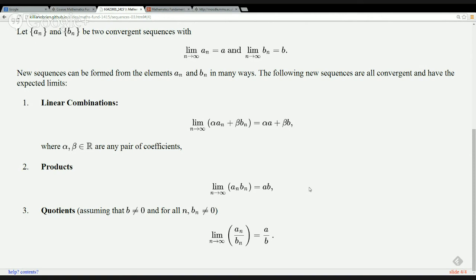Somebody shot an epsilon at me. Here's how I construct my capital N. I know it exists because it comes from the existence of capital N1 and capital N2. And this capital N has the required property that if the index little n is bigger than capital N, then the absolute value of the product is strictly less than epsilon.